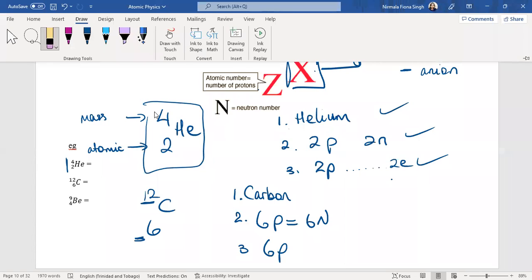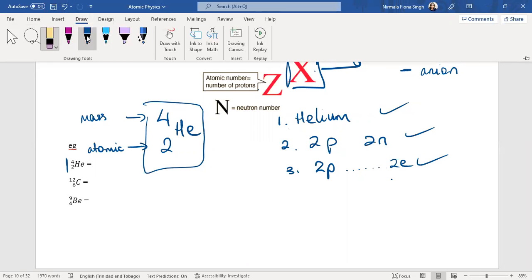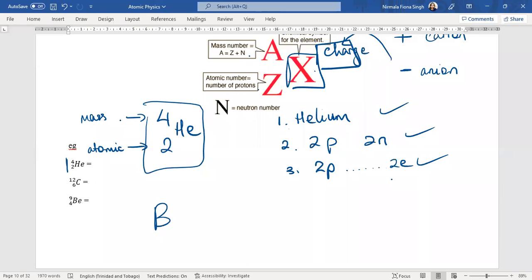All right, let's look at the next one here. I have 9 Be 4. Can anybody recall what element Be is? Beryllium, right?